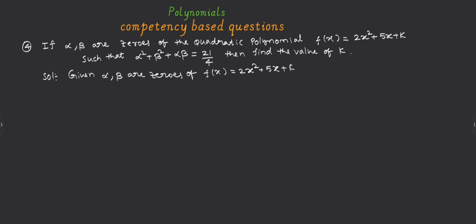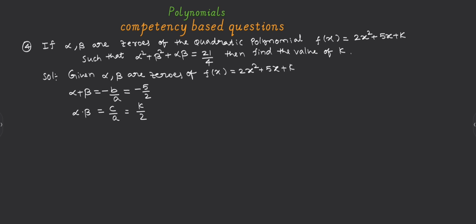Then again let us find the sum of zeros and product of zeros. Alpha plus beta is equal to minus b by a, that is minus 5 by 2, because b is 5, a is 2. Then alpha into beta is equal to c by a. Here c is k and a is 2, so this is k by 2.